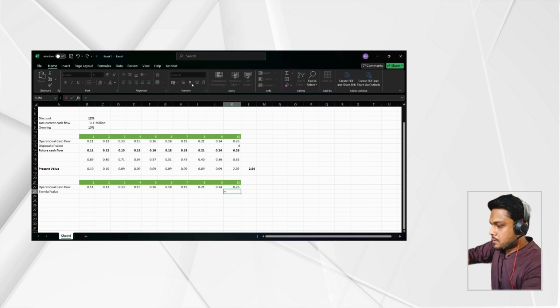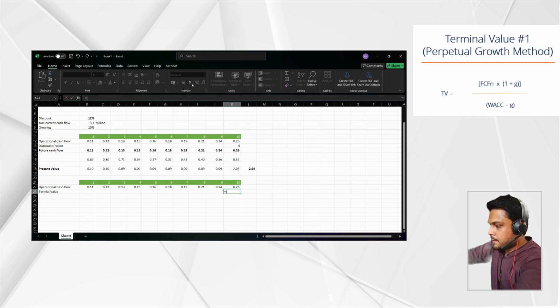Now, the formula of terminal value is last year's future cash flow multiplied by 1 plus the growth rate, where the growth rate is 2%, divided by your discount rate minus the growth rate.